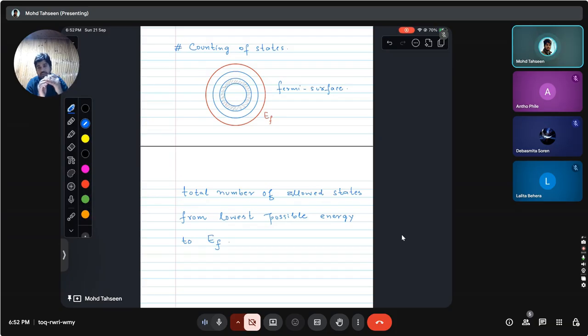So if it's quantized, that means if this is my outer surface, there will be one surface here, which will have lower energy than this Fermi surface, and then there will be energy levels here and here, but it will not be continuous, right? So what I'm going to do is take one of these energy jumps, calculate the width of this, and divide this entire thing by the width of that. Okay, it will give me the number of such energy levels. Okay, that is the idea.